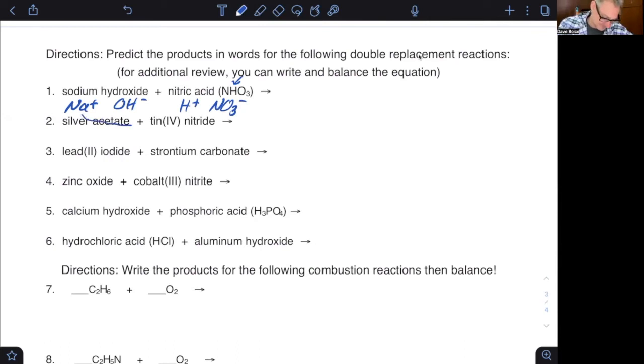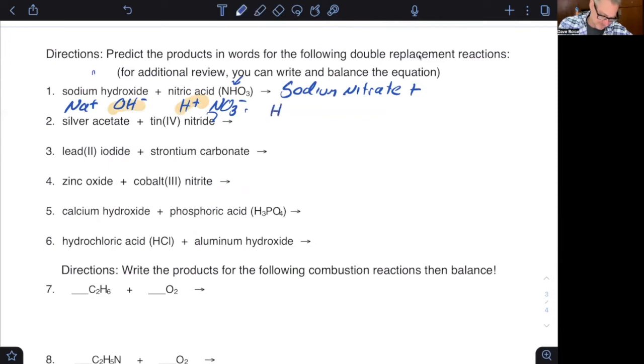So Na plus is going to go with the nitrate there. And that's going to be a 1-to-1 ratio, so that's going to be sodium nitrate. And then what's left is our H plus hydrogen and our OH minus.